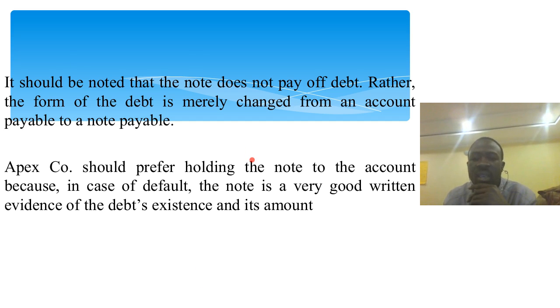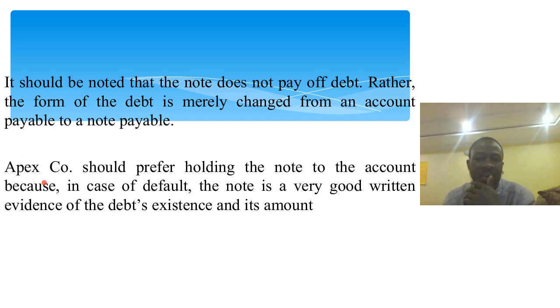We should also note that the note does not pay off the debt. Rather, the form of the debt merely changed from accounts payable to notes payable. By changing that, we are just extending the debt period.